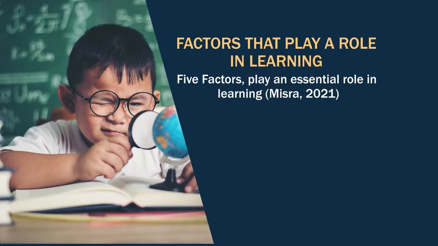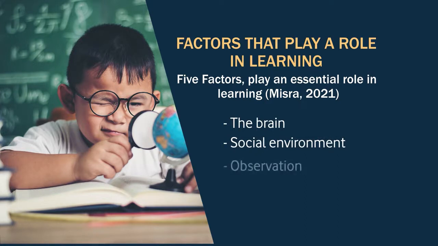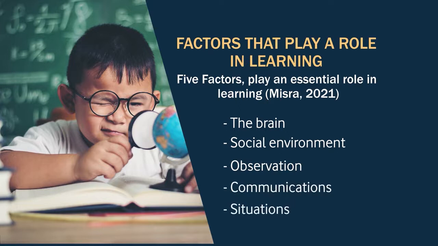There may be many more, but there are 5 basic factors that play an essential role in learning. The first factor is of course our brain, then our social environment, observation, communications and situations. So, these 5 play a very important role in learning.